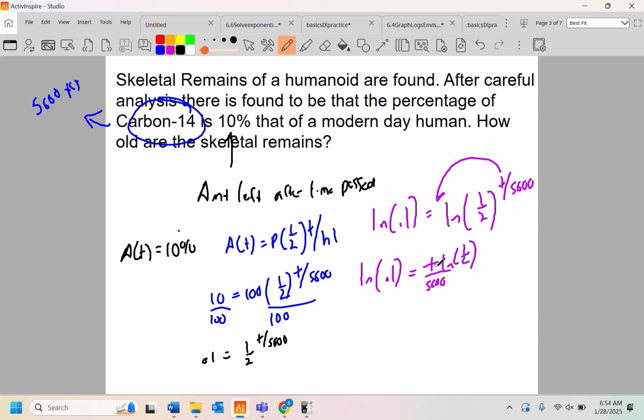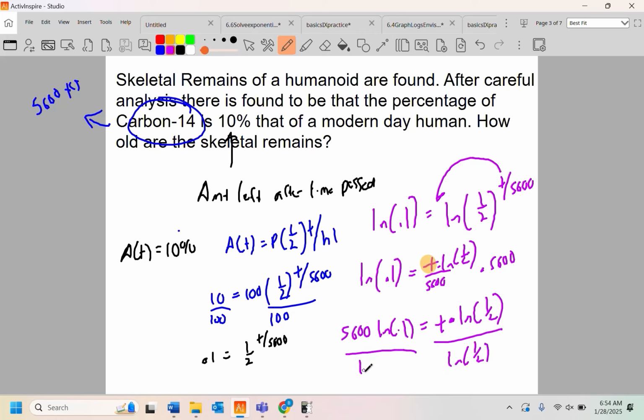Now, my goal here is to isolate that t. So there's lots of things I can do. I can multiply both sides by 5600. That can be one thing I can do. And I will still have t times the natural log of 1/2. So now I can divide by the natural log of 1/2 as well. And here is where I'm really going to make this thing look a lot different.